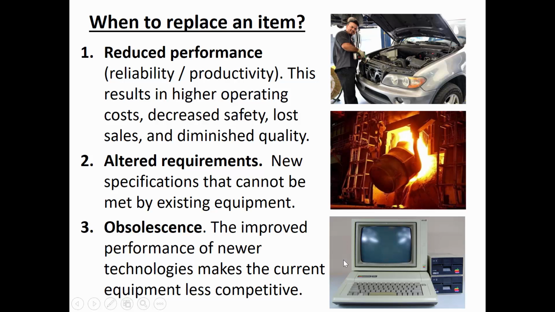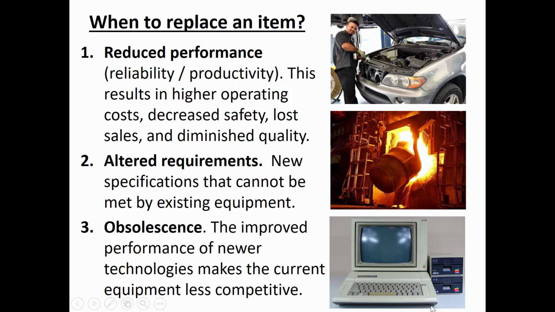And if you fired this up, it probably still works. I mean, you could probably type a paper on it or do some basic programming on it. But it makes you less competitive if you're using this old equipment compared to a modern word processor that automatically does spell checking, and you can see what you get in terms of font changes, italicize, underline, bold.